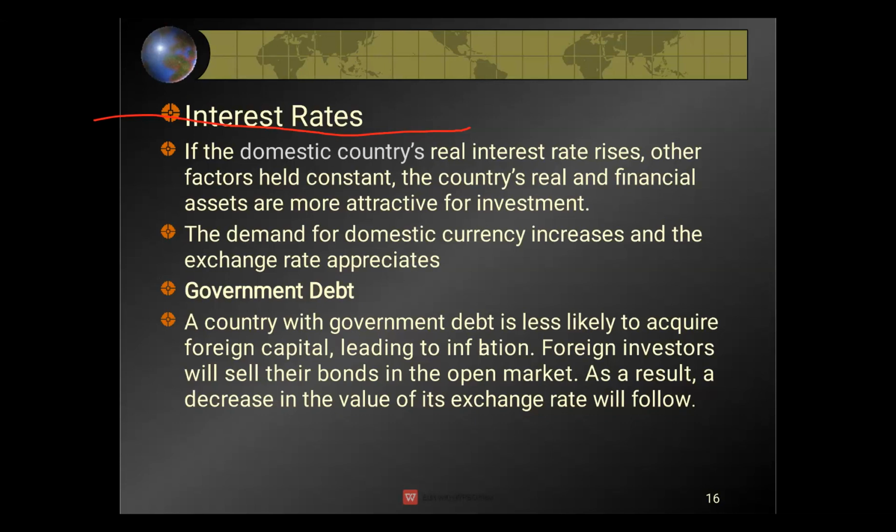The demand for domestic currency will increase and the exchange rate will appreciate. Our local currency does gain value when interest rates rise, to make our local assets more attractive to the investors.